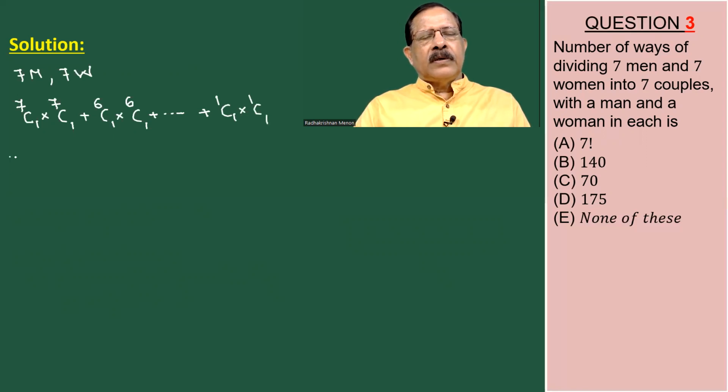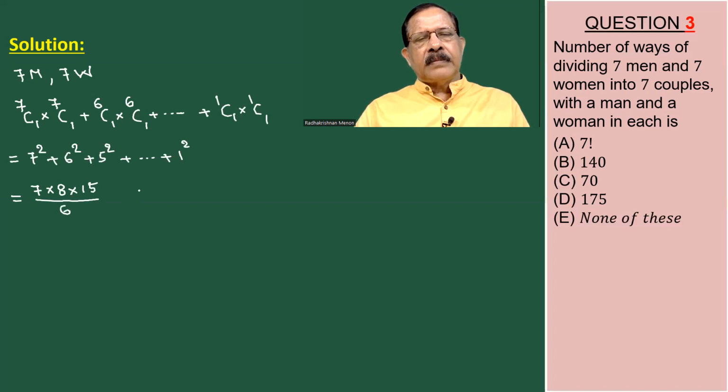So you will get 7 squared plus 6 squared plus 5 squared, etc., plus 1 squared. So using the formula n into n plus 1, n is 7, n plus 1 is 8, 2n plus 1 is 15, divided by 6.